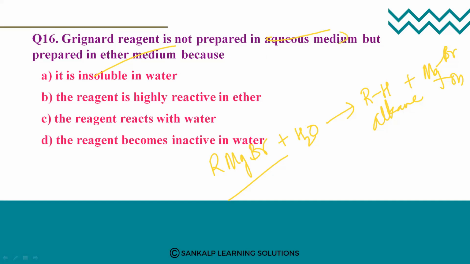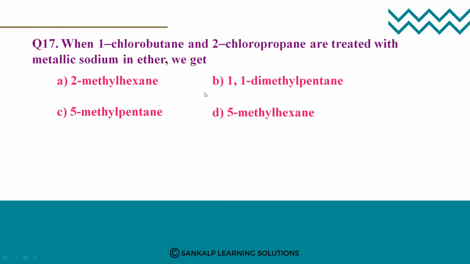Because of this, it is not prepared in aqueous medium but in ether, because the Grignard reagent reacts with water. What we want is the Grignard reagent, so it will be prepared in ether itself. I hope you have got it. So we'll go for the next question.